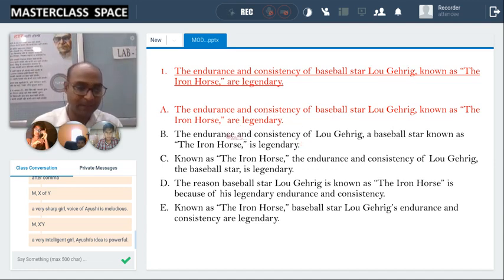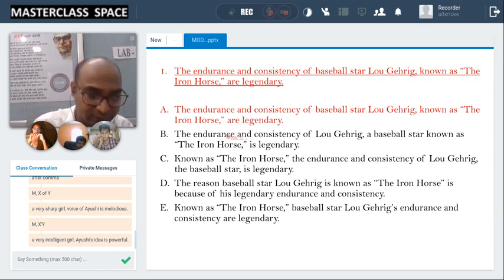I'll give one example. I said: very populated country, comma, India is the next largest economy.